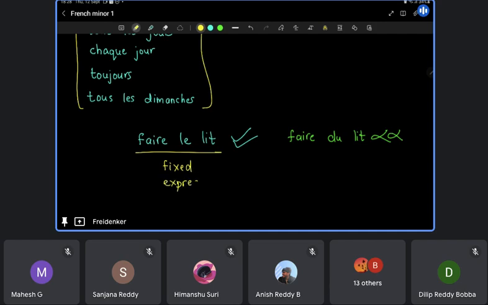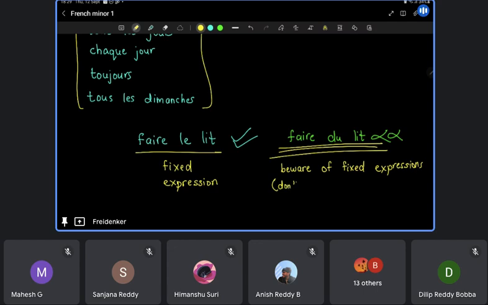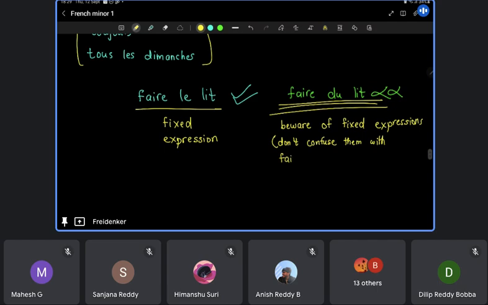Of course, you're supposed to conjugate faire. You should not be confused with this. Beware of fixed expressions. You should not confuse them with whatever we did before.